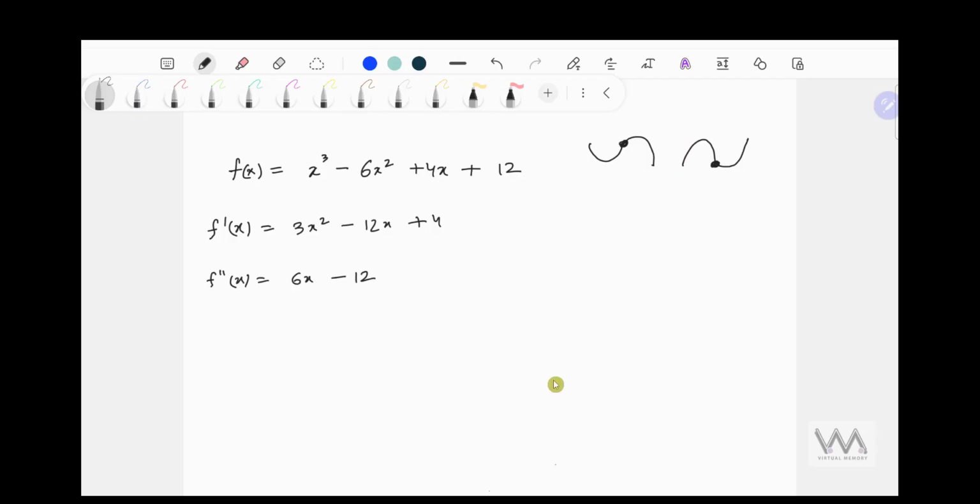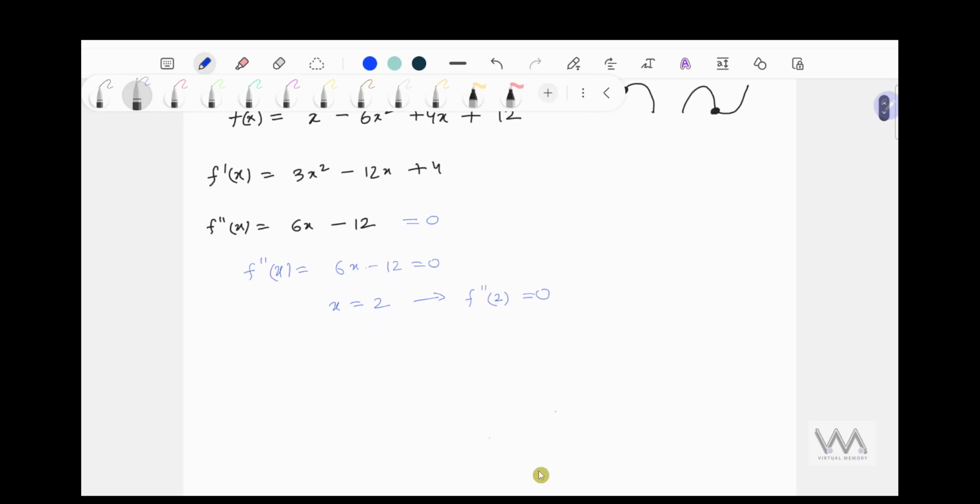Let's solve for when the second derivative is 0. We get 6x minus 12 equals 0. So we get 6x equals 12. So at x equal 2, we have second derivative equals 0.